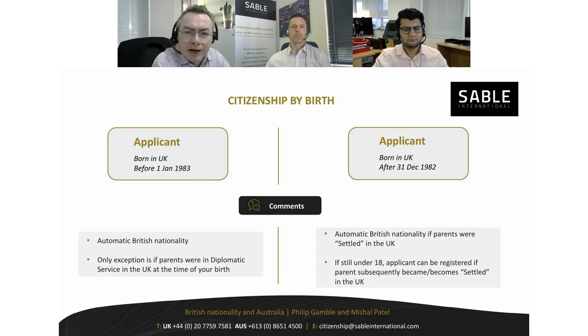For those born in the UK after 83 who don't have a parent with that status, if their parent later acquires that status before their 18th birthday, then an application can still be made to the British government for that child to acquire British nationality after the point of birth. But applications of that nature have to be made before the 18th birthday. So that's simply citizenship by birth, two different varieties, depending on when you're born, whether it's before January 83 or after.